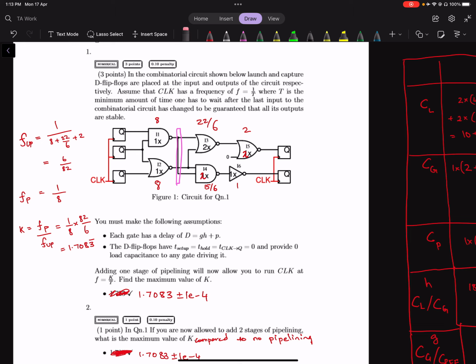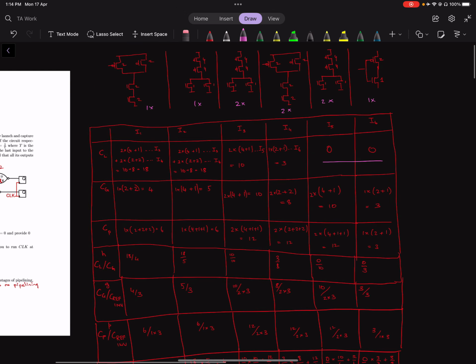The question that I am showing you here is not the latest version of the question, but if you go to the assignment configuration, you will see that it is mentioned that capture flip-flops provide zero load capacitance to any gate driving it. So that's why I5 and I6 are seen to have capacitance 0.